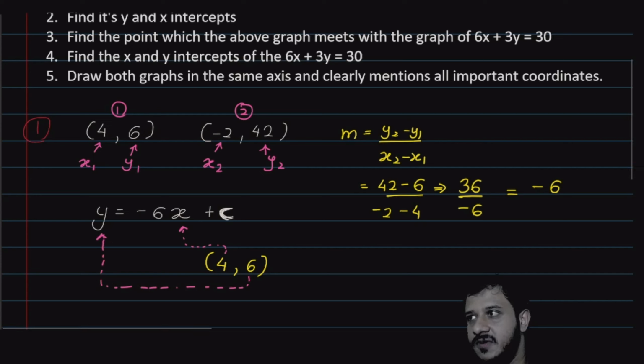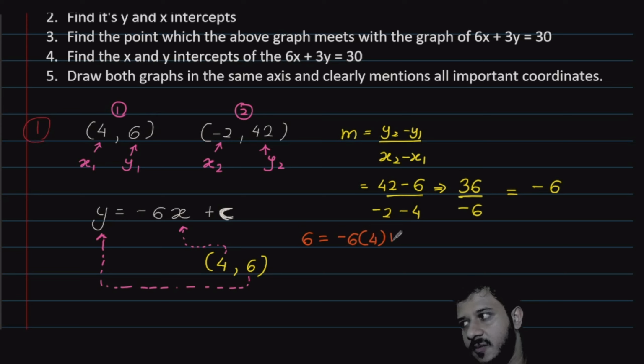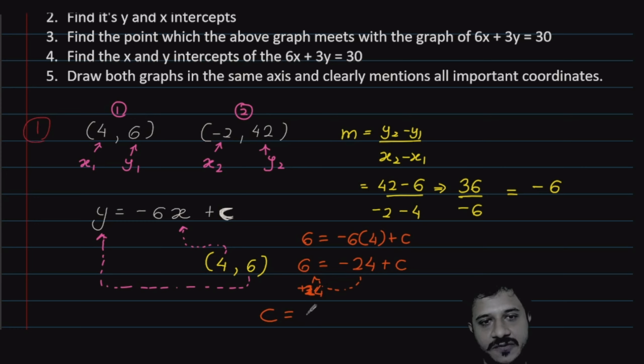That gives us 6 is equal to negative 6 times 4 plus c. That gives me 6 is equal to negative 24 plus c. This negative 24 will come to the other side as a positive 24, and that gives me c is equal to 6 plus 24, which is 30.